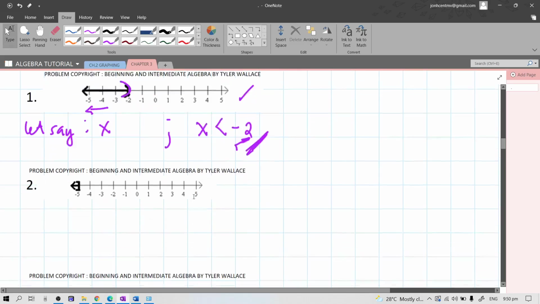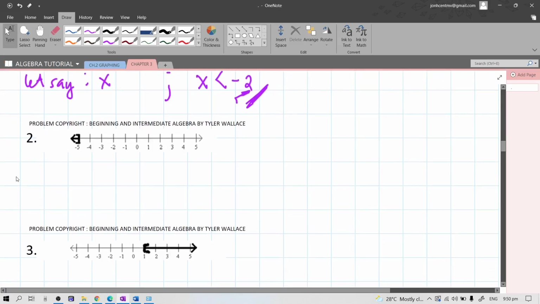Next, for the problem 2, we have x is less than or equal to negative 5. So, kagaya nung sa number 1, smaller than negative 5.